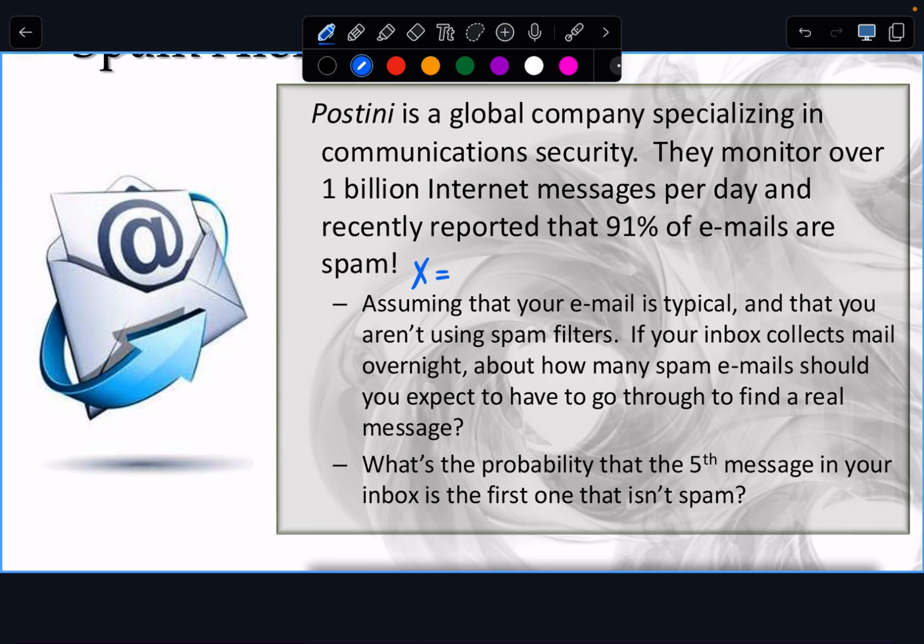So if we just use our generic x, when I define my random variable this time, we're looking at the number of emails we open until we find a real message.